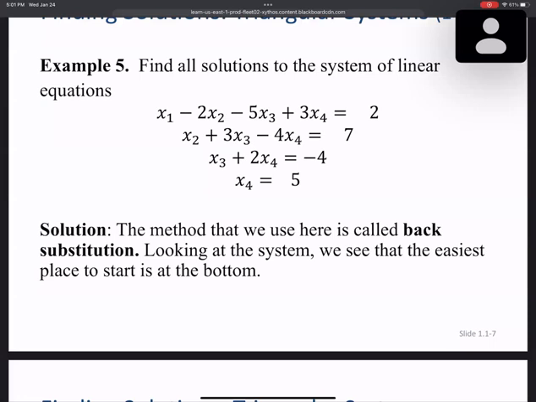I want to make sure you understand what is called triangular, right? I got x3 plus 2x4 equals minus 4 and x4 equals 5.